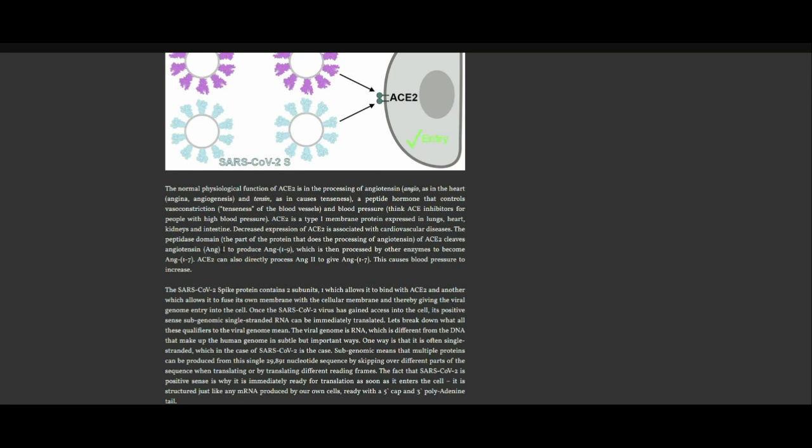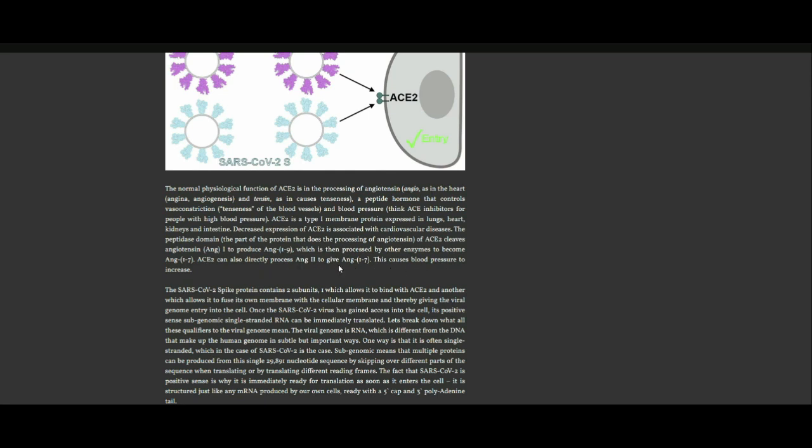The peptidase domain, the part of the protein that does the processing of angiotensin, of ACE2 cleaves angiotensin Ang1 to produce Ang1-9, which is then processed by other enzymes to become Ang1-7. ACE2 can also directly process Ang2 to give Ang1-7.